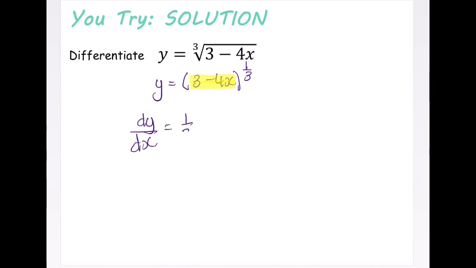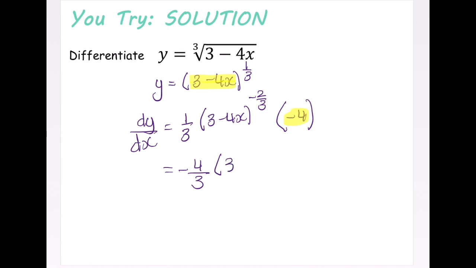So a third comes down. 3 minus 4x, a third minus 1 gives me minus 2/3. Now I've got to multiply it by the differential of the bracket. So the differential of the yellow bit is minus 4. That's my differential. Putting it all together, I've got minus 4/3 of 3 minus 4x to the power minus 2/3.